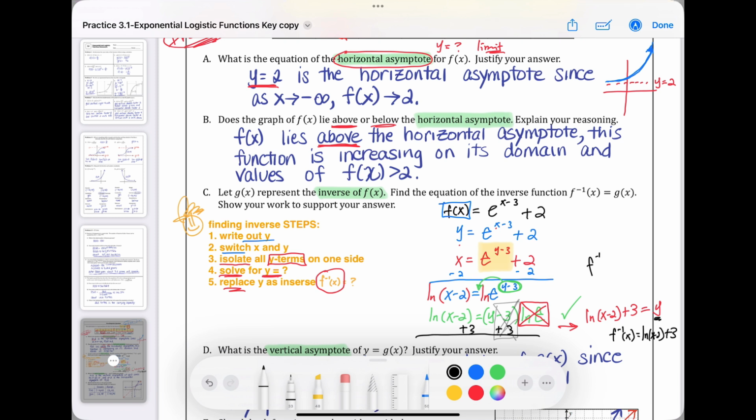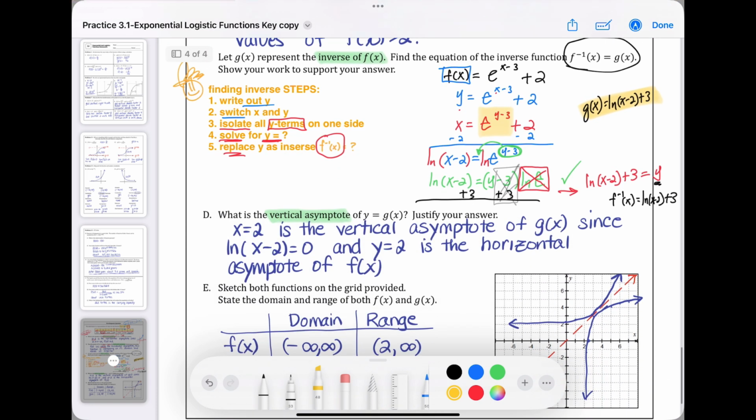So that will be my inverse function, and they say that the inverse function is g, so I can just follow the order. So that will be my final answer, g of x, that is equal to natural log of x minus 2 then plus 3. And this is the perfect answer. Cool. All right, moving on.